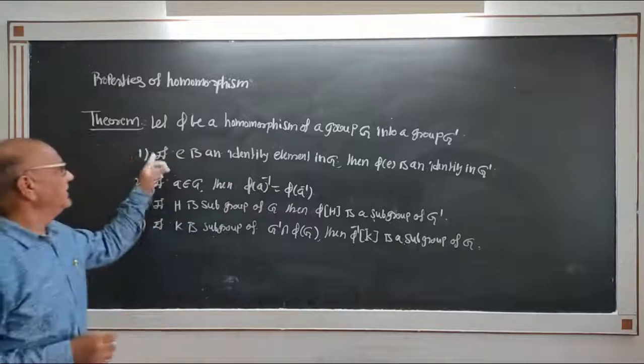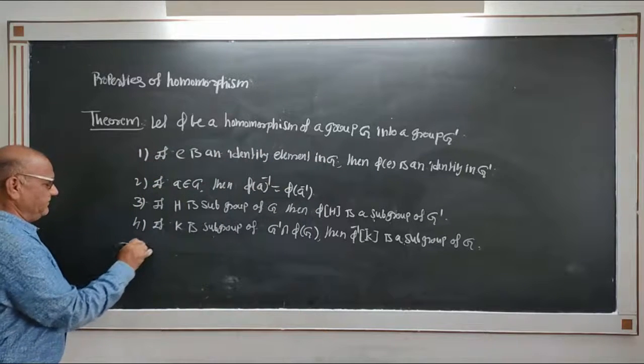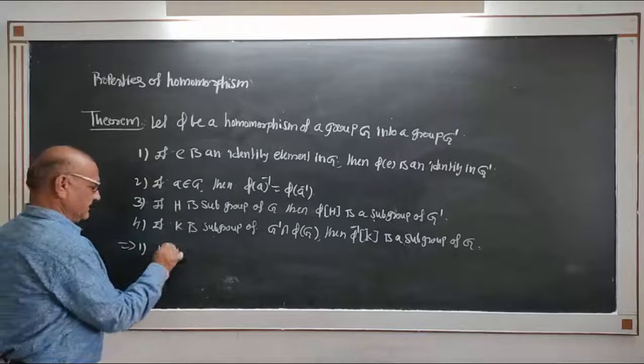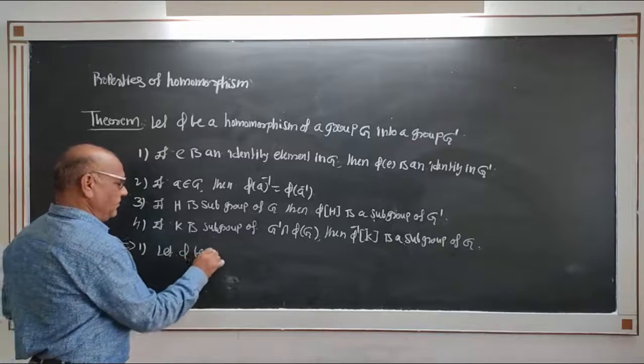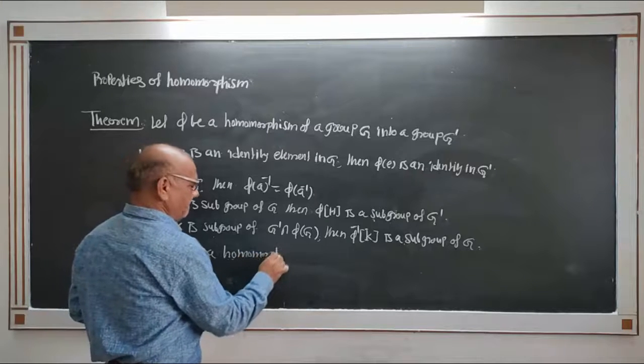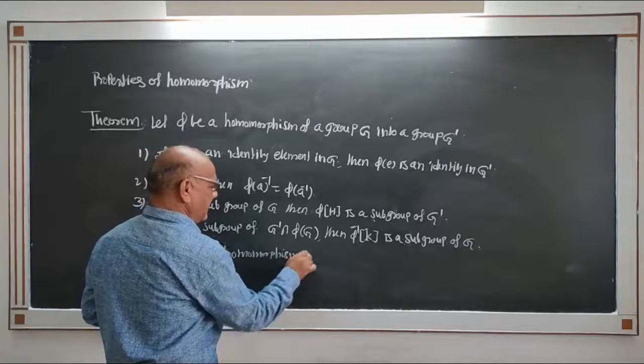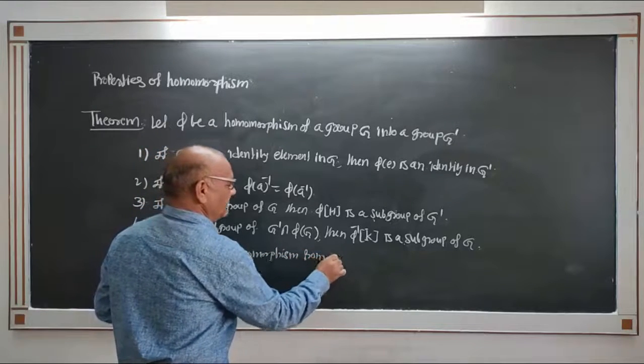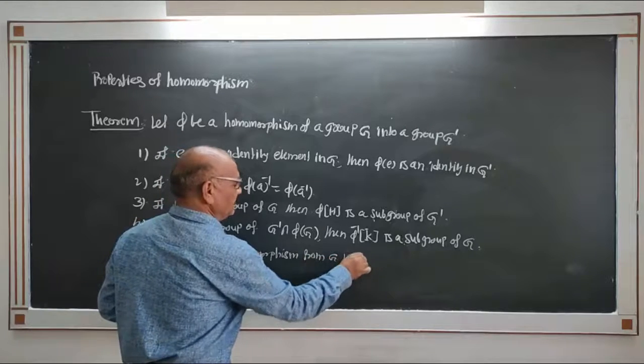So here, first, let phi be a homomorphism from G to G dash.